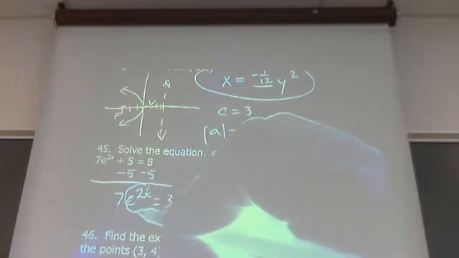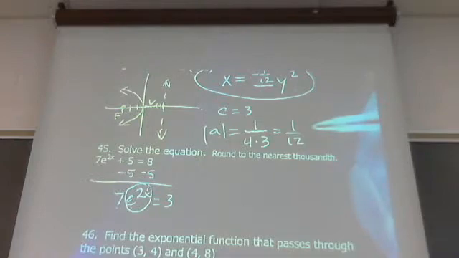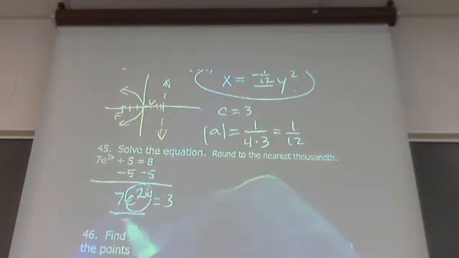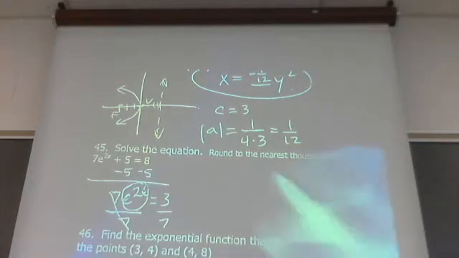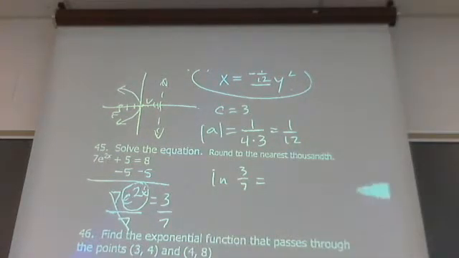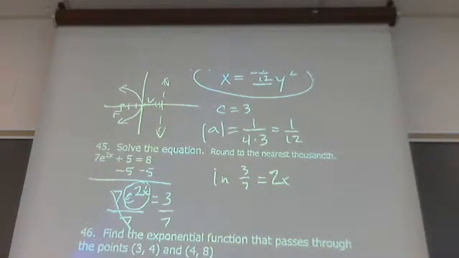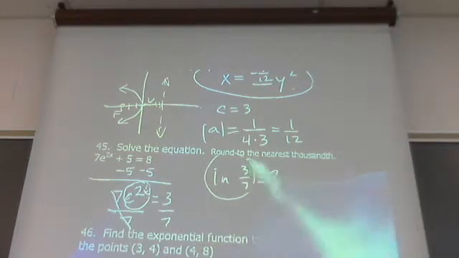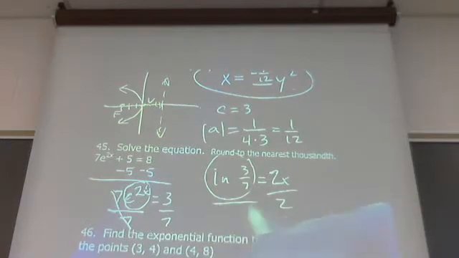This has got to be all by itself before you can do that. So I divide out the 7, giving me 3 sevenths, and then I can change it to the natural log of 3 sevenths equals what? 2x. Is the natural log of 3 sevenths something you could do on a calculator? Yes. And then obviously once I find out that weird number, what am I going to do with it? Divide by 2.